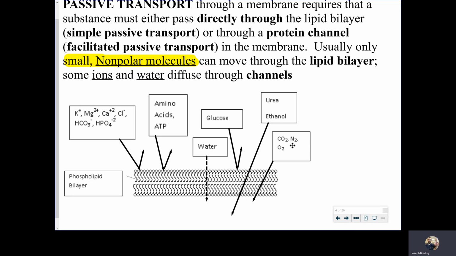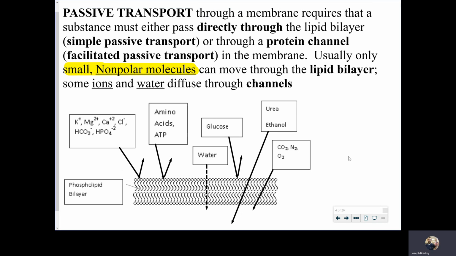Small non-polar molecules, CO2, nitrogen, and oxygen, can easily pass through, but larger polar molecules, amino acids, glucose, ATP, they cannot pass through the membrane. Same thing with the electrolytes, phosphate, carbonate, chloride, calcium, magnesium, and potassium. They all cannot pass through the lipid bilayer.